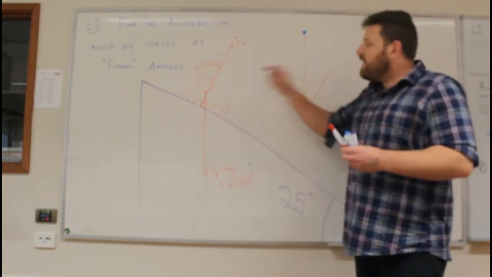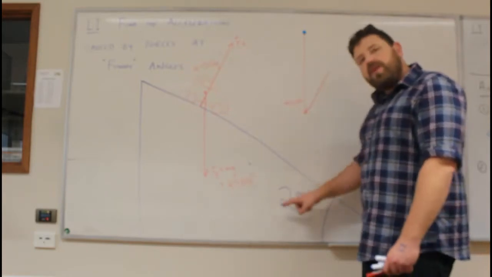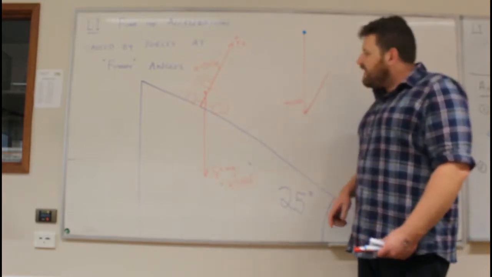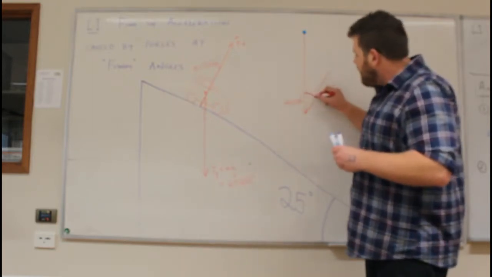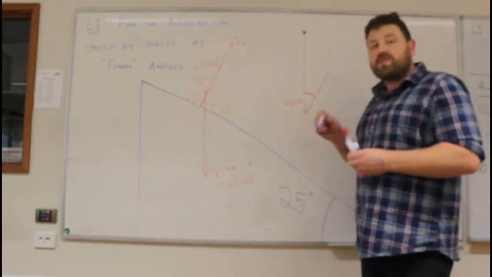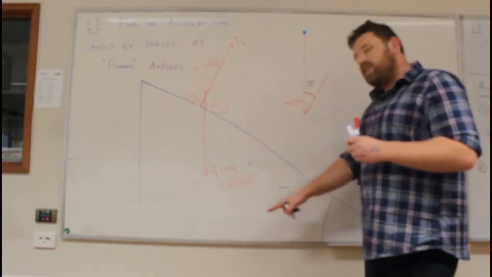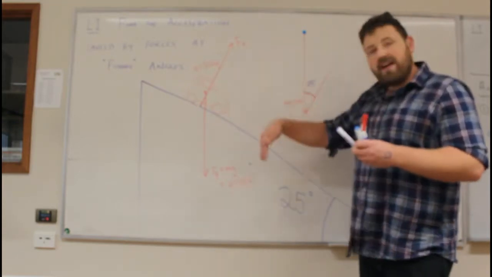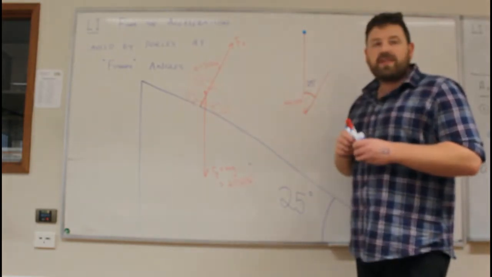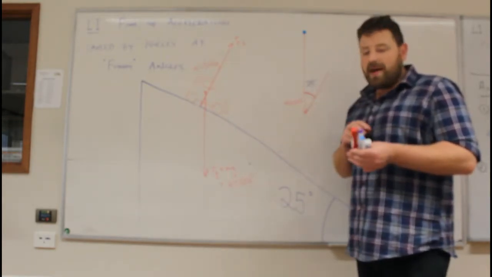We know what angle it's going to point at, because if the angle of the slope here is 25 degrees, then if you do a bit of rearranging in your head, you'll soon see that that angle there is also going to be 25 degrees. So if the angle between the ground and the slope is 25, then the angle between gravity and the normal is also 25. And that works for whatever angle you happen to put the slope at.